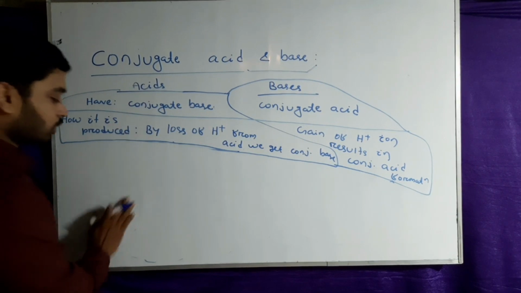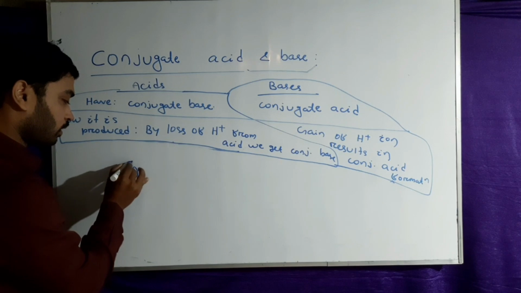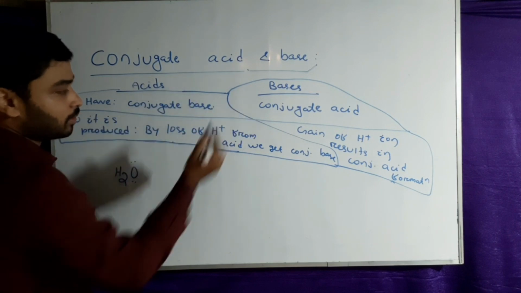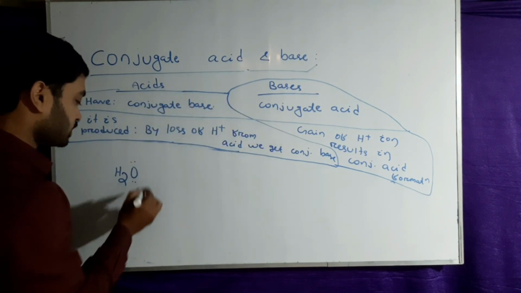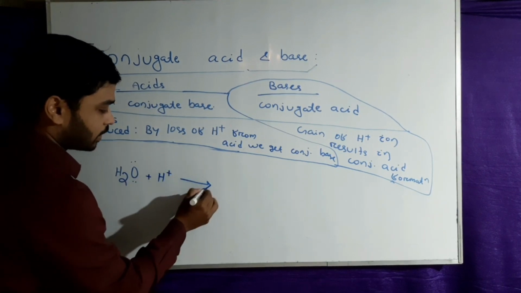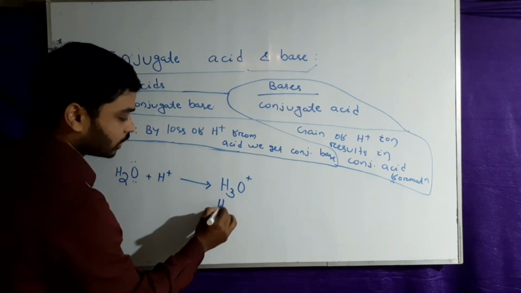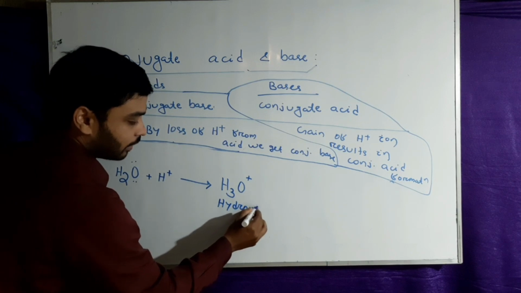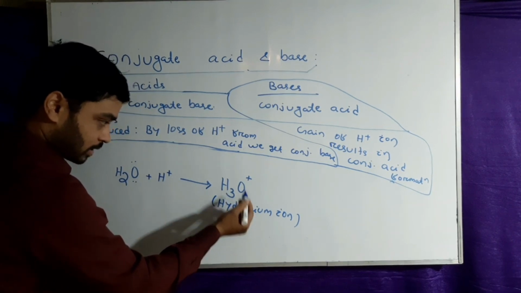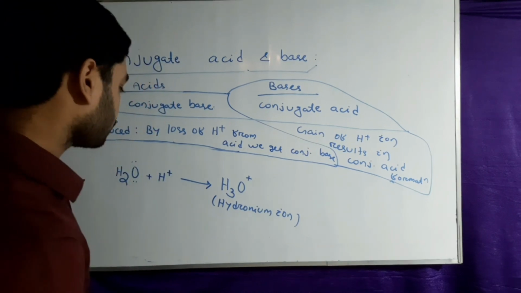Now, H2O. You will name whether it is a conjugate acid or conjugate base. H2O receives one H plus ion, resulting in the formation of H3O plus ion. It is the hydronium ion. So name whether the resulting compound is a conjugate acid or conjugate base. Try fast, after that I will tell you the answer.